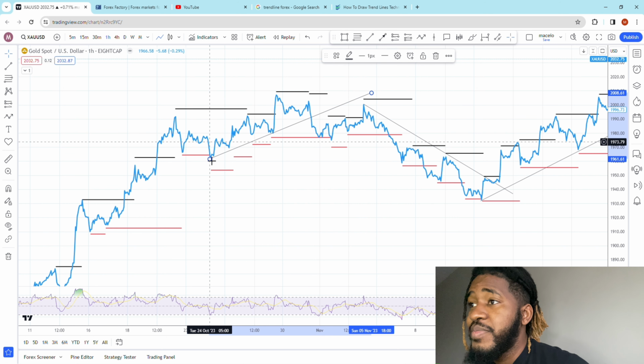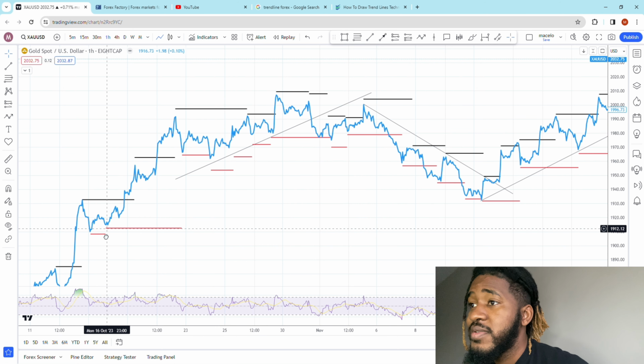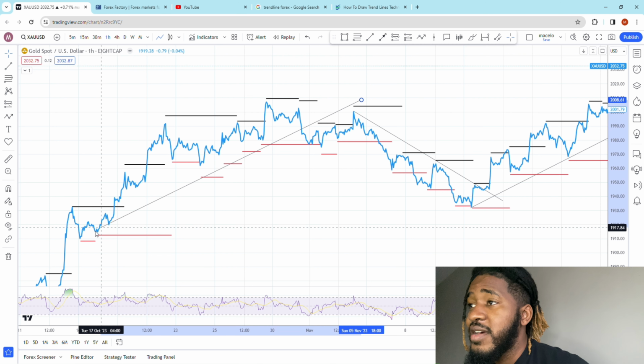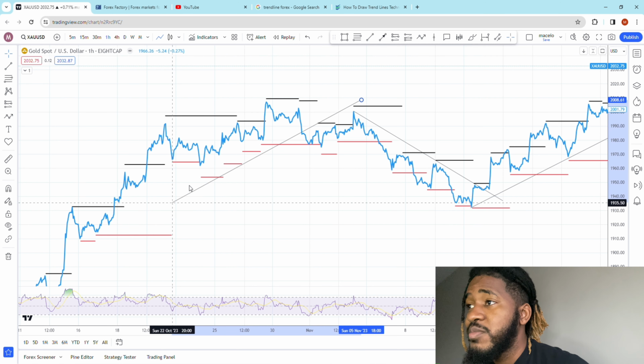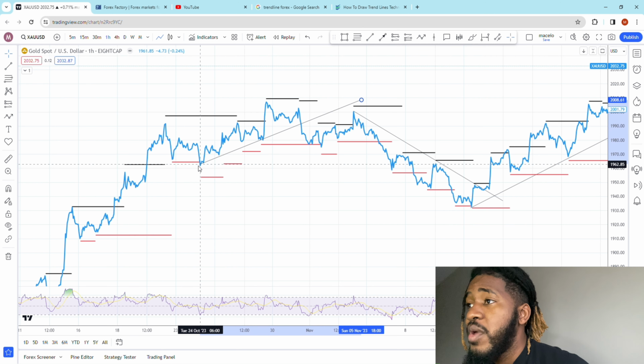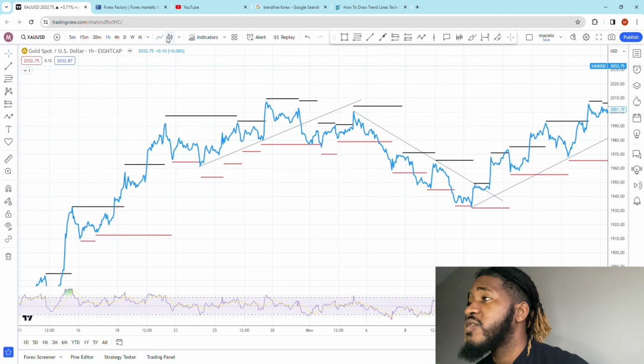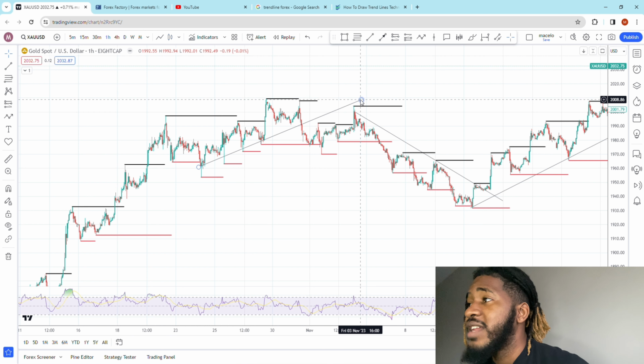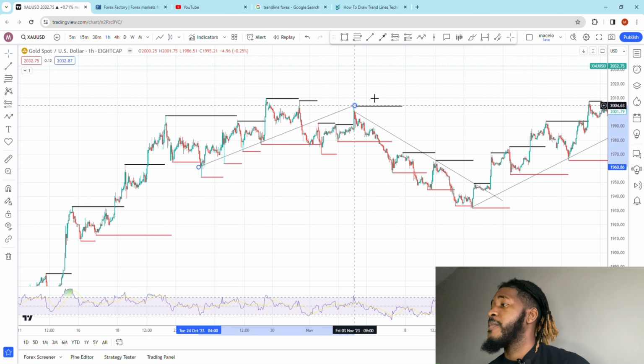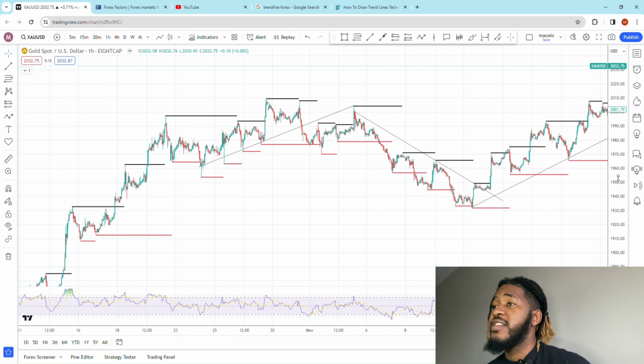Notice I didn't put it all the way here, or anything like that. This is where I keep. So you just want to identify when the market starts the trend. That's all it is. When the market starts the trend, that is what you want to anticipate and look for. Whenever the market is starting to trend.